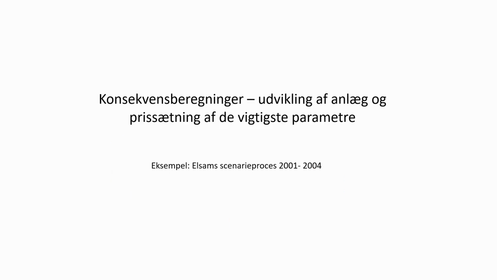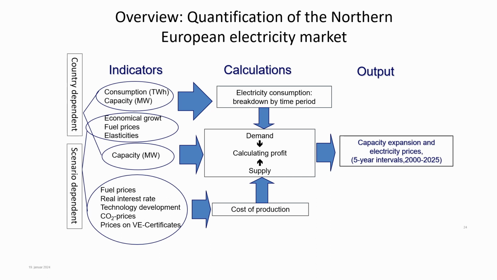Based on these forecasts, we now do model calculations of the development of the power system in the three scenarios. Here you can see the model that was used. We have indicators here, and we have some calculations done here, and we have output.